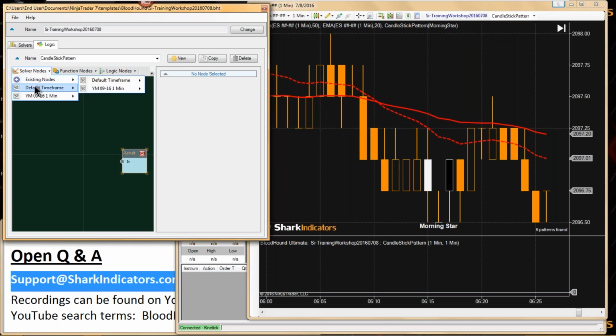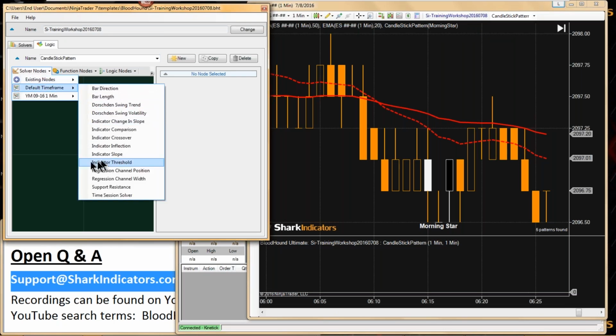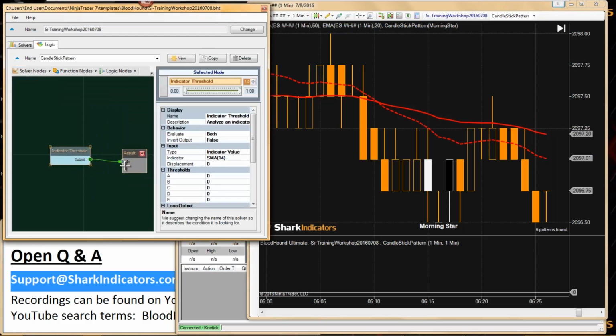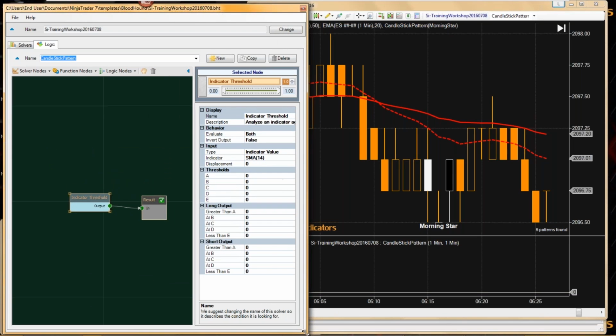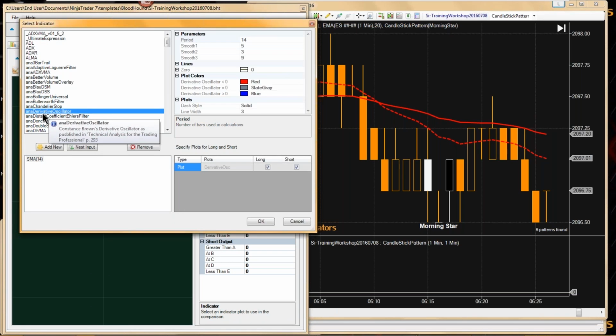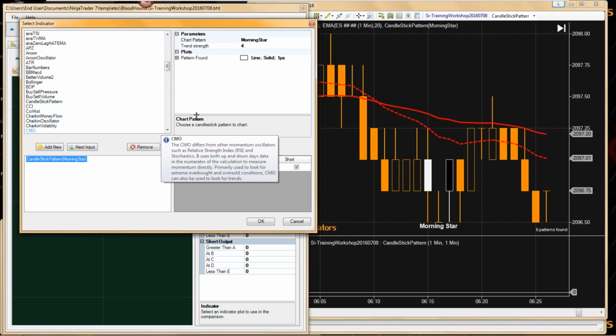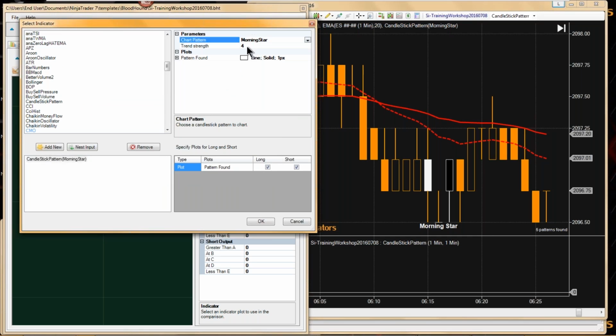So what I'm going to do is grab a threshold solver. Let's put the candlestick pattern indicator in there. Candlestick pattern, I'll leave it on Morningstar. You see how this has a plot for pattern found.